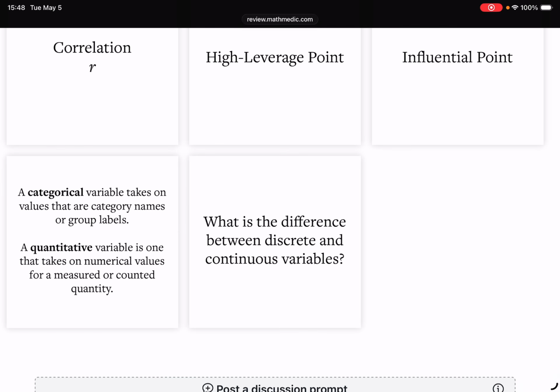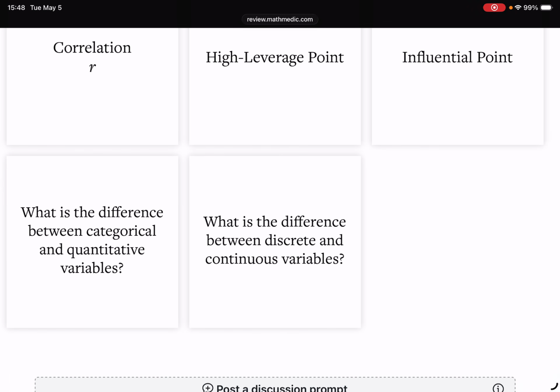Okay, when someone asks you what's your favorite flavor of ice cream, you're not going to give a number. You're not going to say 1, 2, 3, 4, etc. Quantitative would be when you're asked to measure your height. When you measure your height, you're not going to just say, well, I'm tall. You're going to say, well, no, I'm 5 foot 6 inches, or I'm 6 foot 9 inches.